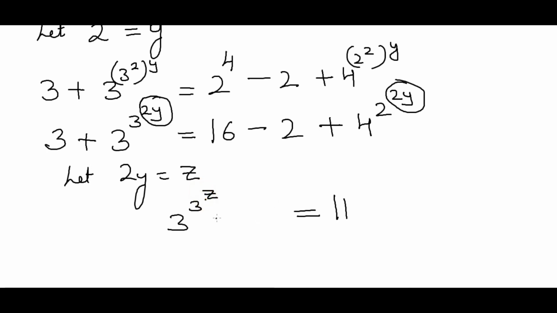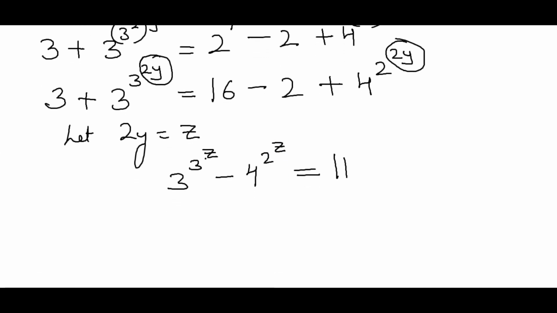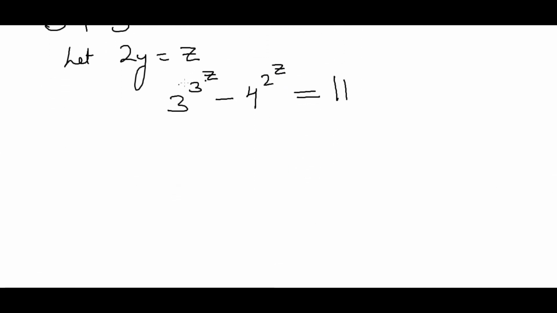Now negative of this 4 to the power of 2, and this 2y is going to be z. Now friends, can you calculate this? 3 to the power 3? Yes, 3 multiplied, so we got 27. Correct. 27 to the power of z negative 4 to the power of 2 means 16 to the power of z is equal to 11.